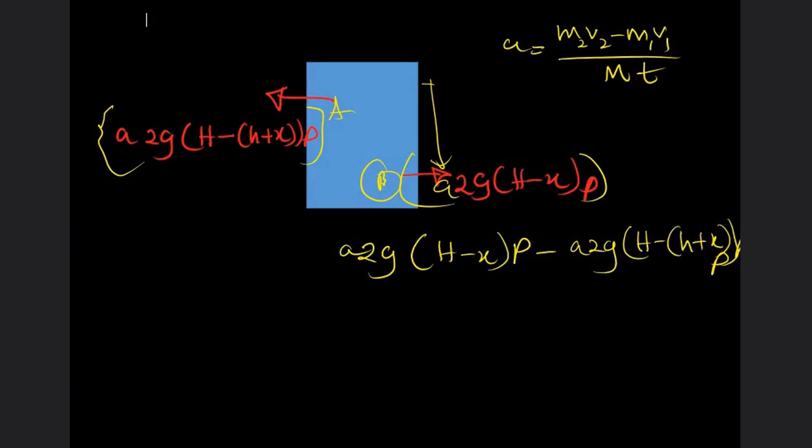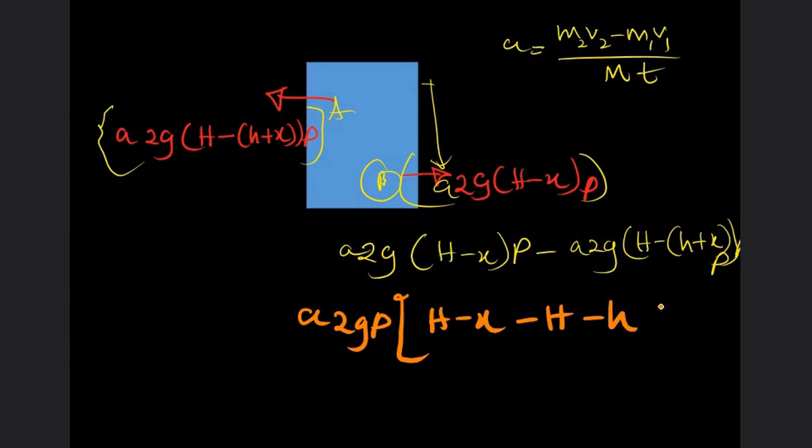The common values are A, 2g and rho. Then we have H minus x minus capital H plus simple h plus x.